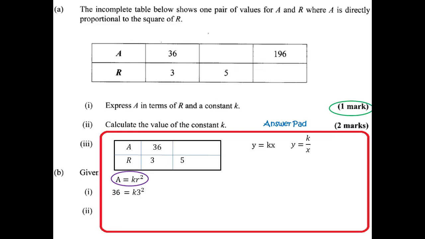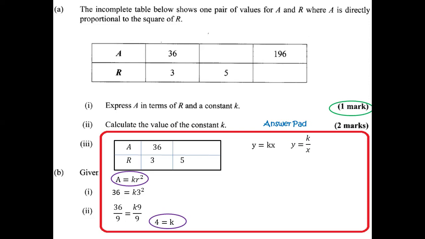And what we're going to do is square R as the definition is there. A is KR squared. Now 3 threes is 9. And since we want to make K the subject, you already know that what we're going to do is divide both sides by 9. And then we're going to have the K value being 4. So 9 cancels 9 at the K there, and 9 into 36 goes 4 times. And that's our K value.